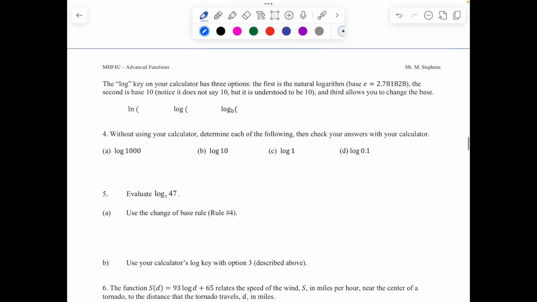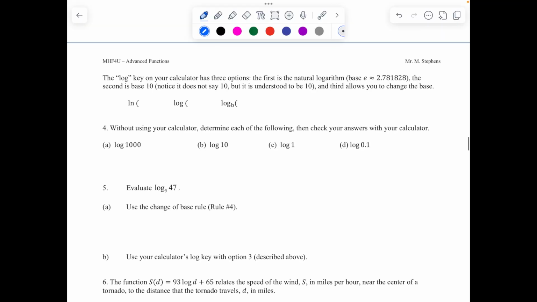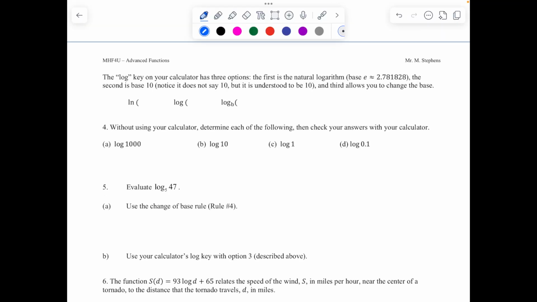So I want you to use your log key on your calculator. Okay, so we have 3 options. Ln is log base e. So it's just short form for log base e, where it is the inverse function of e to the x. Log, when it has nothing there, there's an invisible 10 there, so that's just log base 10.